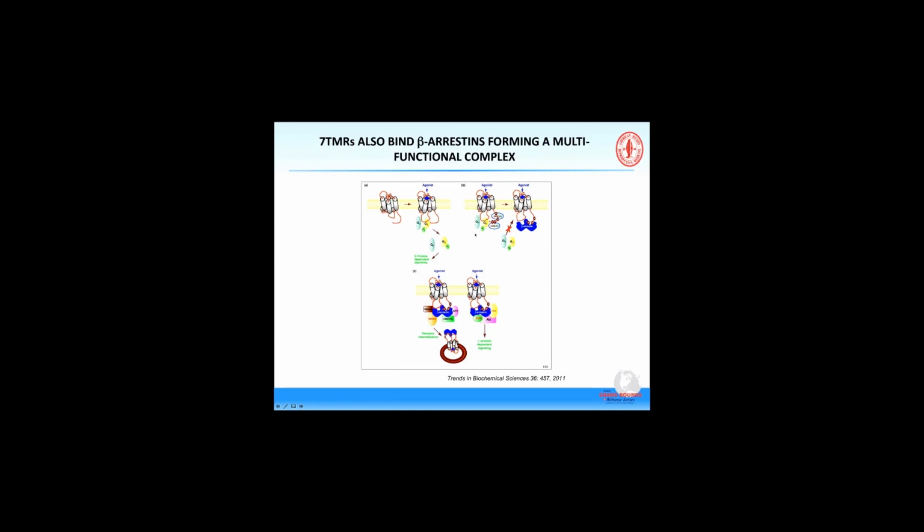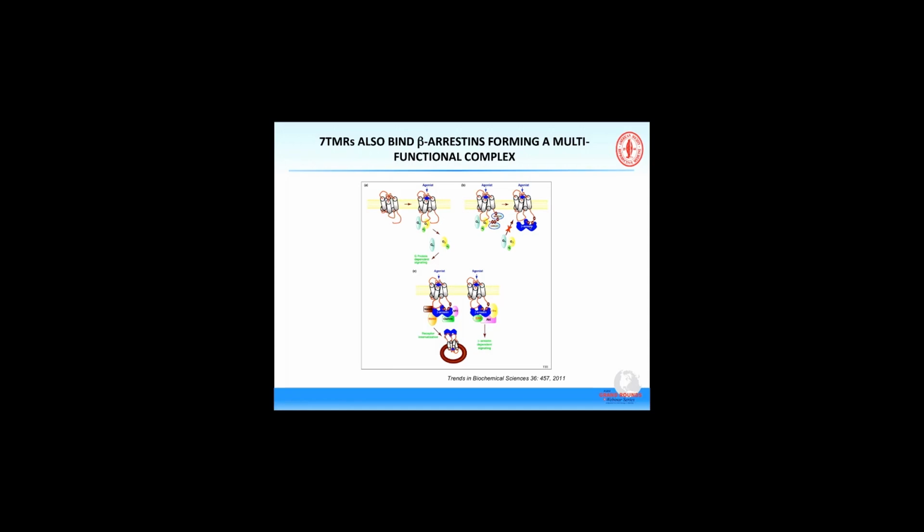After the process of activation, the G protein coupled receptors, or 7 transmembrane receptors, actually become phosphorylated in their intracellular regions, as shown in here. And this phosphorylation is catalyzed by a family of kinases collectively known as GRKs. And as a consequence of this phosphorylation, these receptors are now able to bind another important family of proteins that are known as the beta-arrestins.